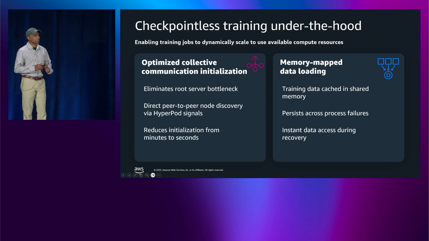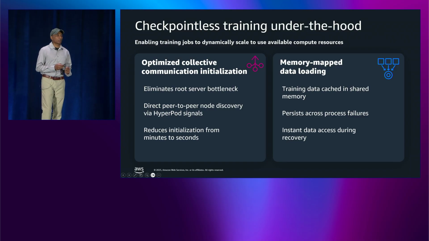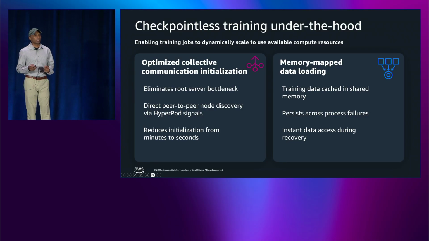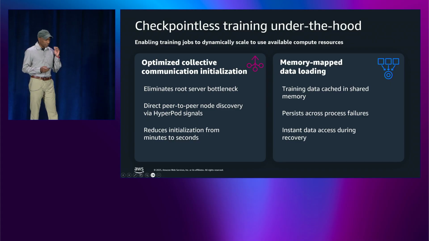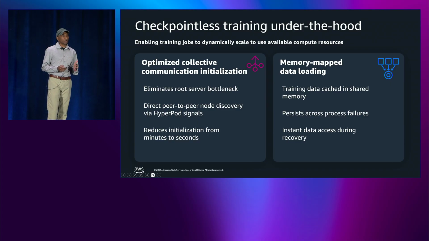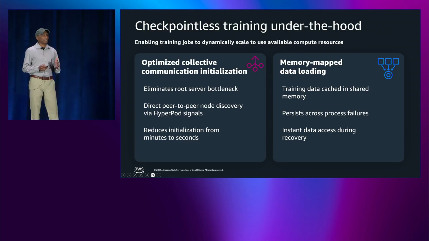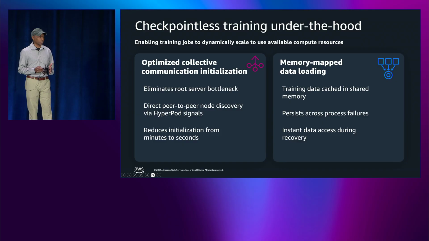Typically, in a distributed system for training, you have many processes running across many nodes, and they need to talk to each other to exchange data during training. For example, in a distributed data parallel training, the ranks need to all reduce the gradients after finishing the back propagation operation.